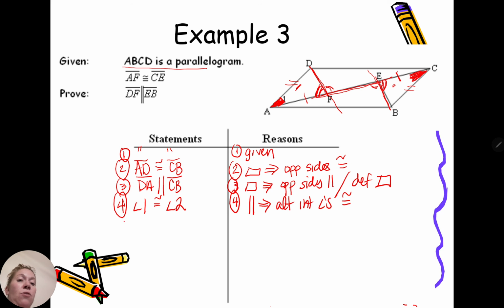Now I have congruent triangles. Triangle DAF is congruent to triangle BCE by side angle side. And if those triangles are congruent, everything else is congruent.